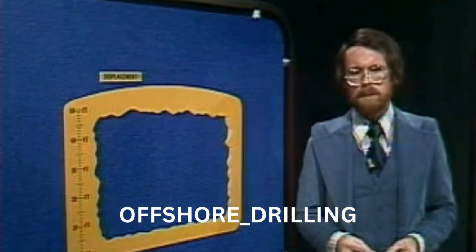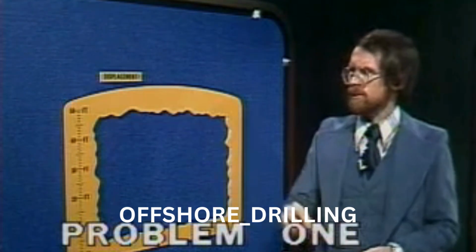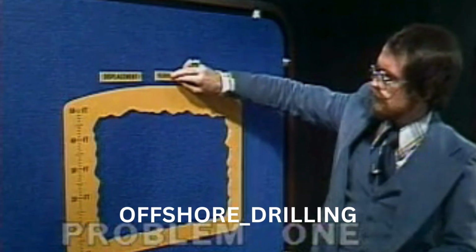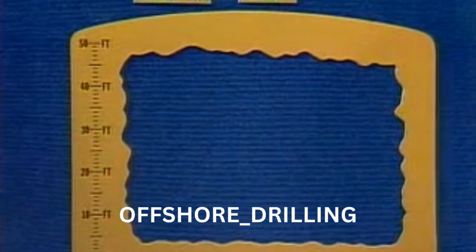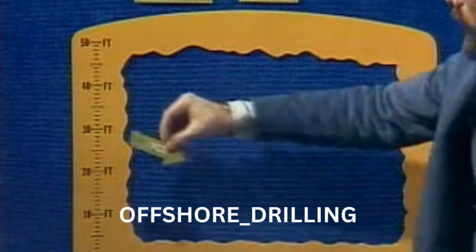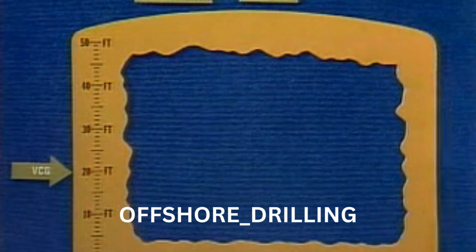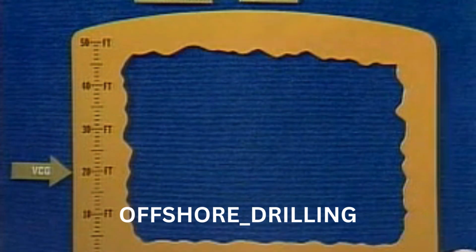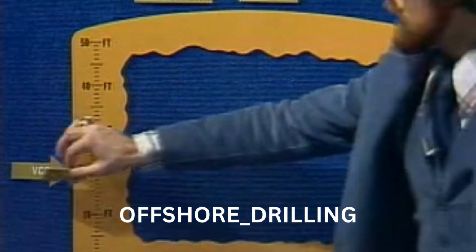In our first problem, a vessel floating at its light draft or empty displaces 10,000 tons. The vertical center of gravity of the vessel, or VCG, is 20 feet above the keel. The VCG of the vessel is nothing more than the kg of the vessel at that particular stage of loading.